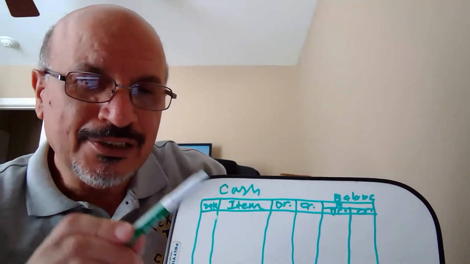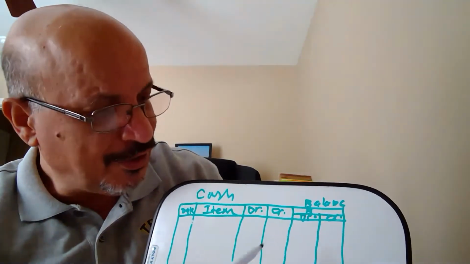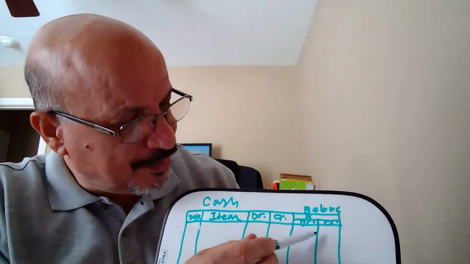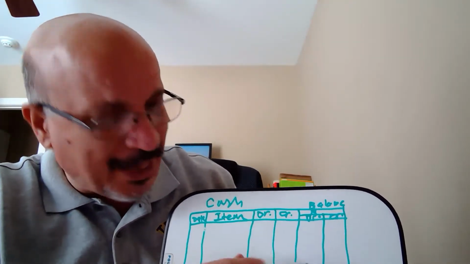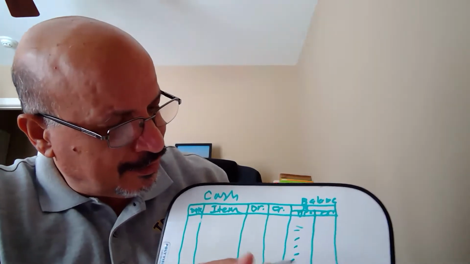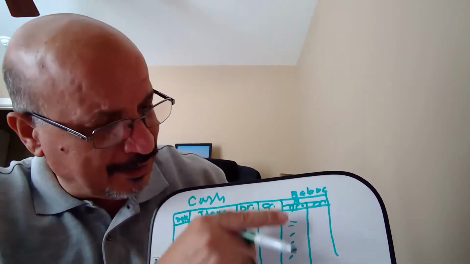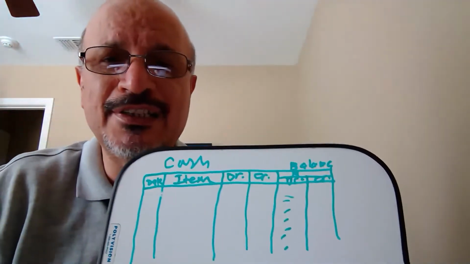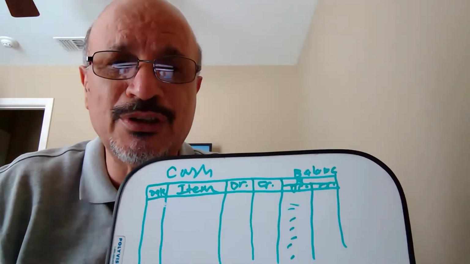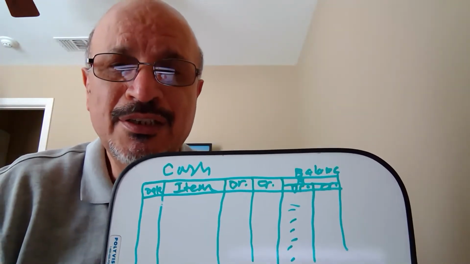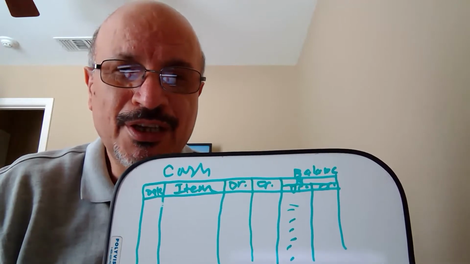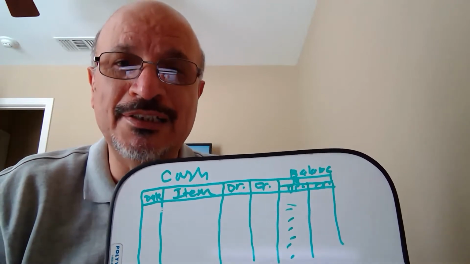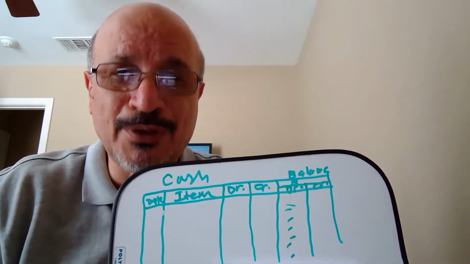It's either a debit balance or a credit balance. So I'm expecting the cash balance to be on the debit side all the way, because remember, we mentioned previously that all assets' normal balance should always be a debit balance. If it has a credit balance, and we see this many times, that means you are in the hole. You are broke.